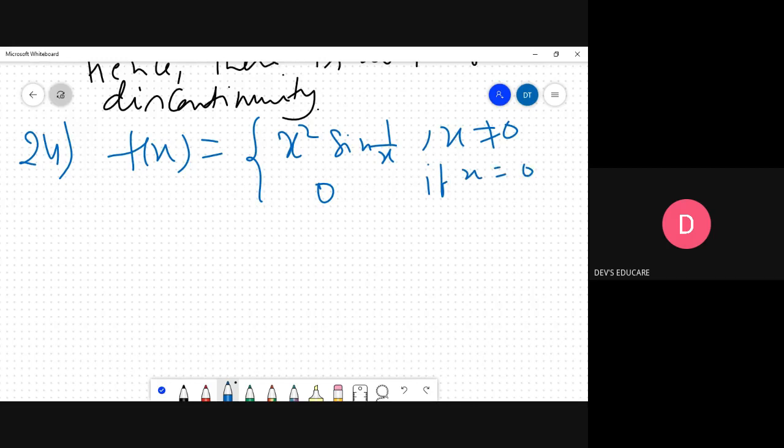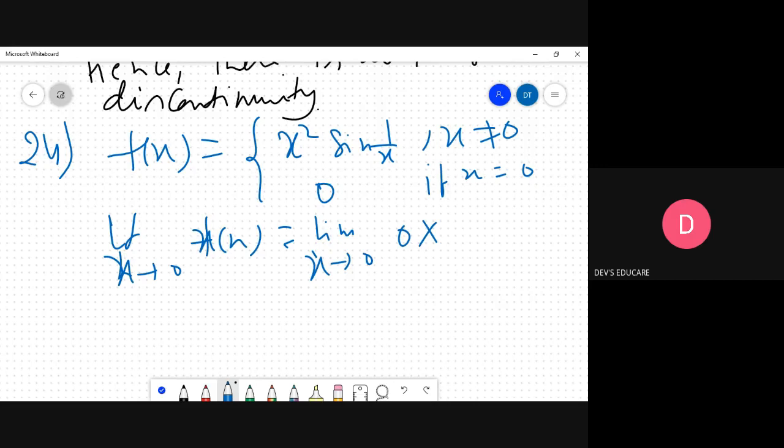So limit x tends to 0, f(x). We can again take x equals 0 minus h, 0 plus h. Why have we directly taken it? Because for LHL and RHL, both it is the same.